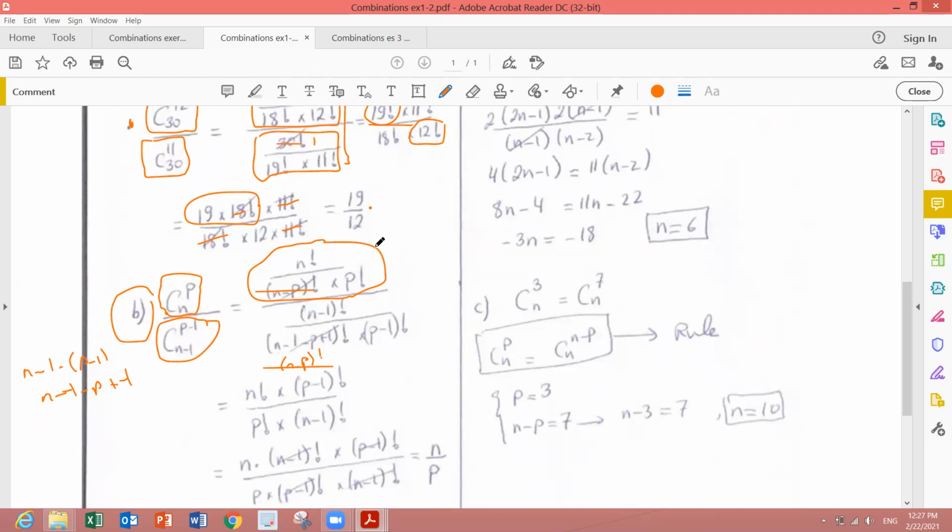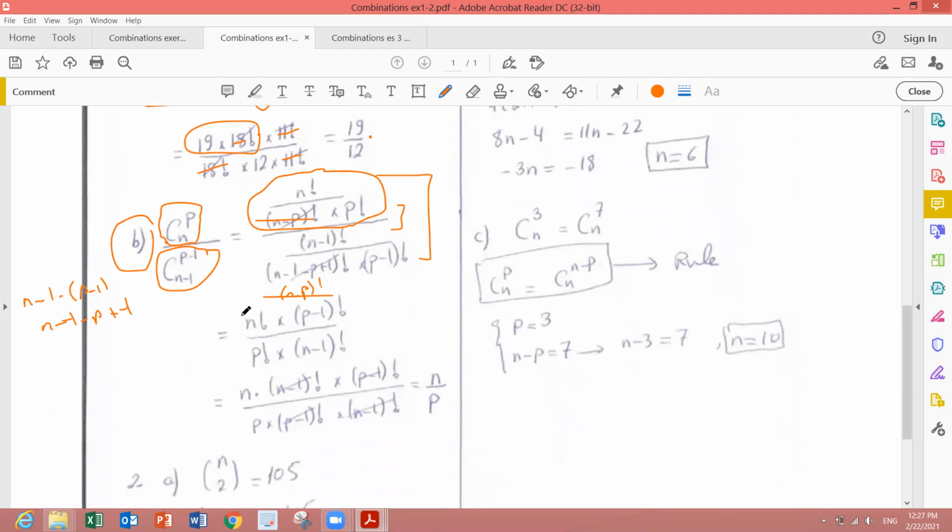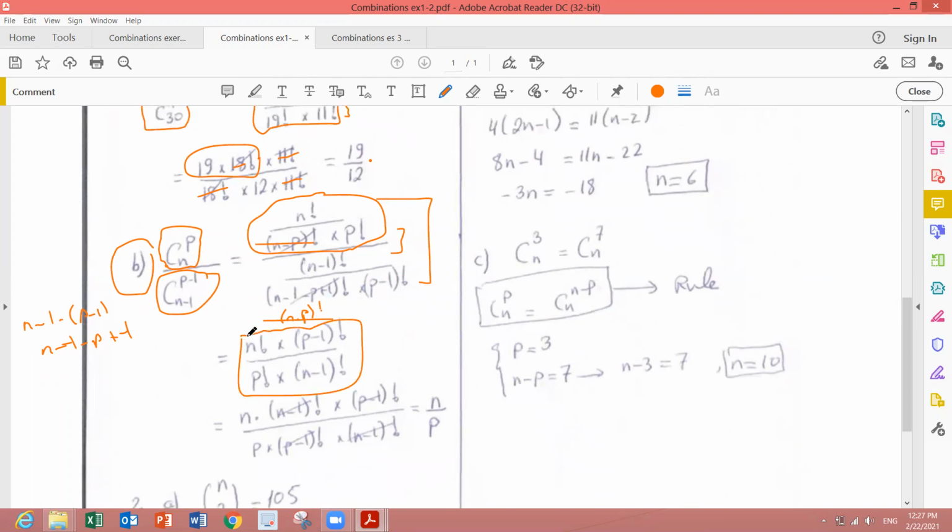Outers over inners. This one times that one over inners. So N factorial times P minus 1 factorial over P factorial times N minus 1 factorial. Now N factorial و N minus 1 factorial we can simplify.